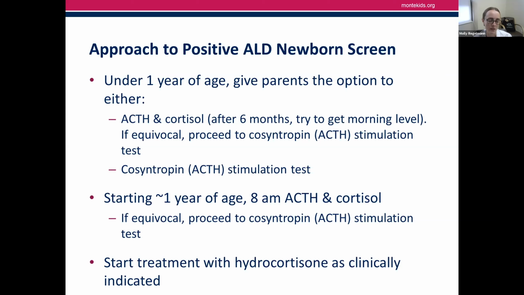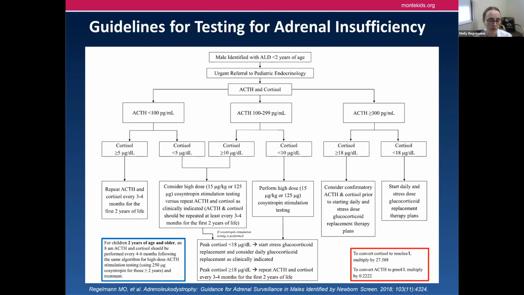Then starting at one year of age, 8 a.m. ACTH and cortisol are pretty standard for routine screening. If anything comes back ambiguous, go ahead and do the stimulation test, and start hydrocortisone when you start to see problems develop.